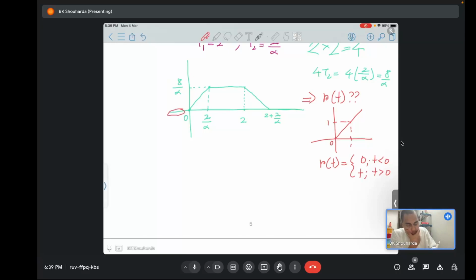Initially the slope is 0, so you don't have anything to worry about. We suddenly have a rising edge, and what is the slope of this rising edge? The slope is 8 upon alpha by 2 upon alpha, that's 4. And where is it originating? It's originating at 0. So we will write 4 times r of t, where 4 is the slope and it originates at 0, so r of t minus 0.